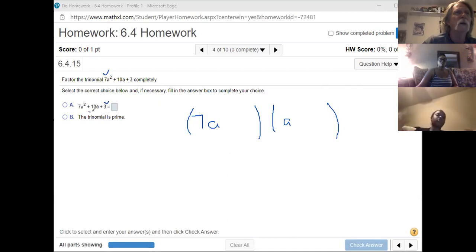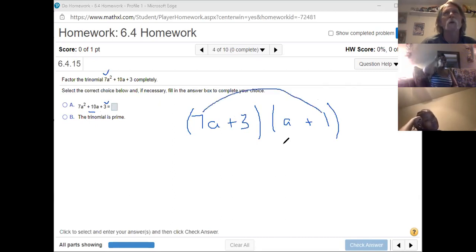So to get a 10, I'm going to have to go plus 1 and plus 3. Now, the reason being is because here's the part we're trying to get, the one in the middle. So 7 times 1, 7a. Then it doesn't matter. We know that that's going to be 7a squared.